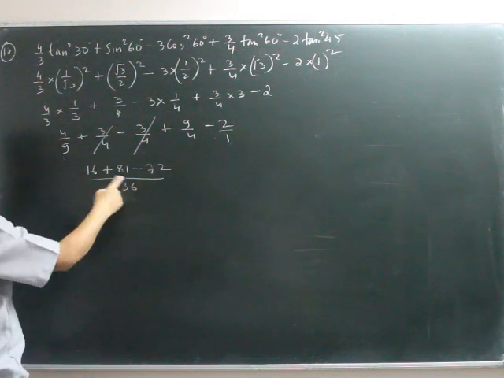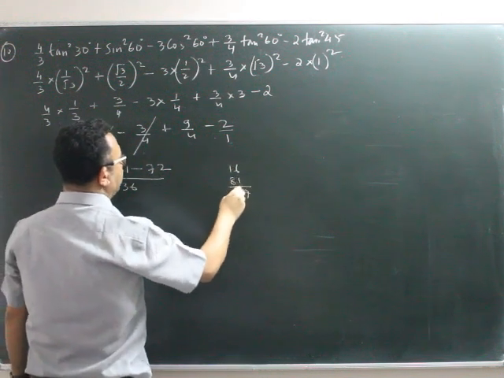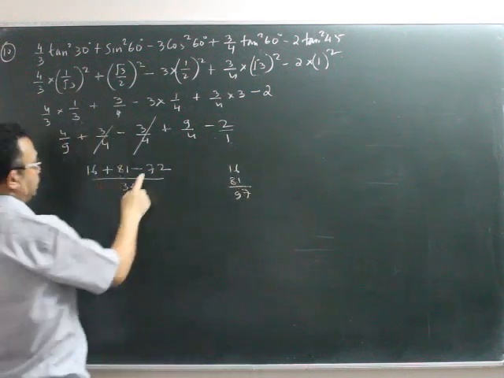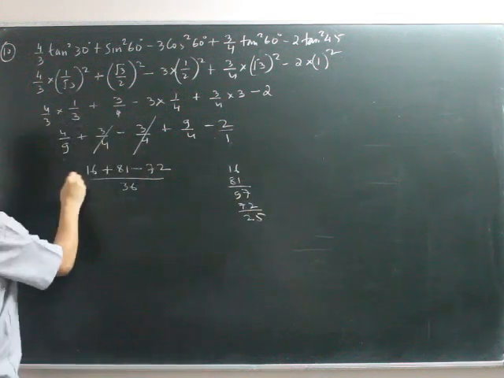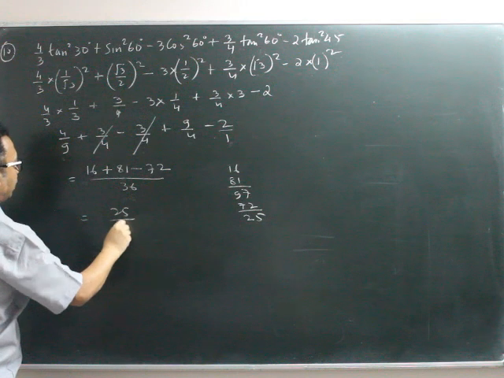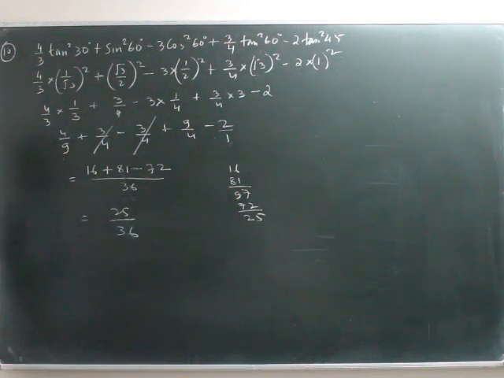These two are additions, as you can see, plus. So let us add 16 and 81 which will give you 97, and this is subtraction of 72. As you subtract, this is 25. So this is what is going to give you 25 by 36. This is your question number 10.